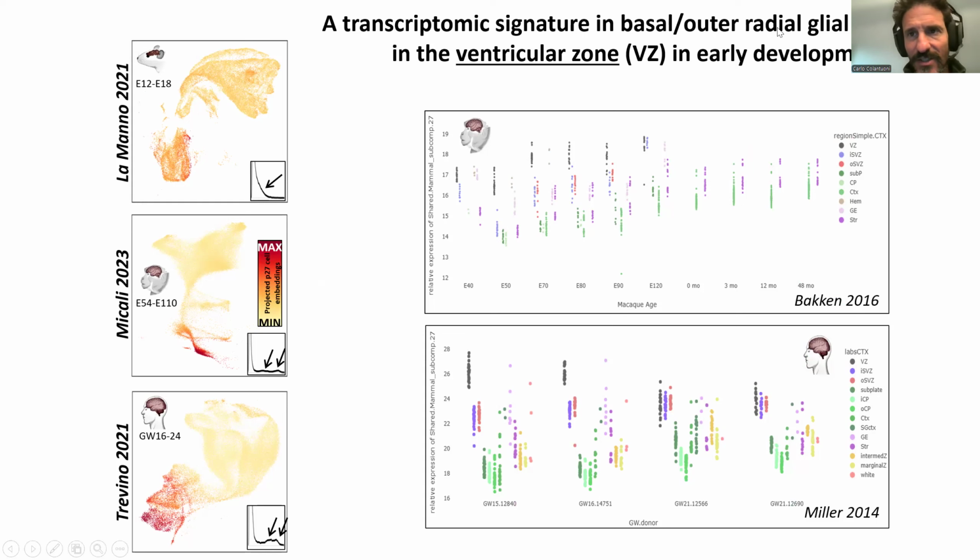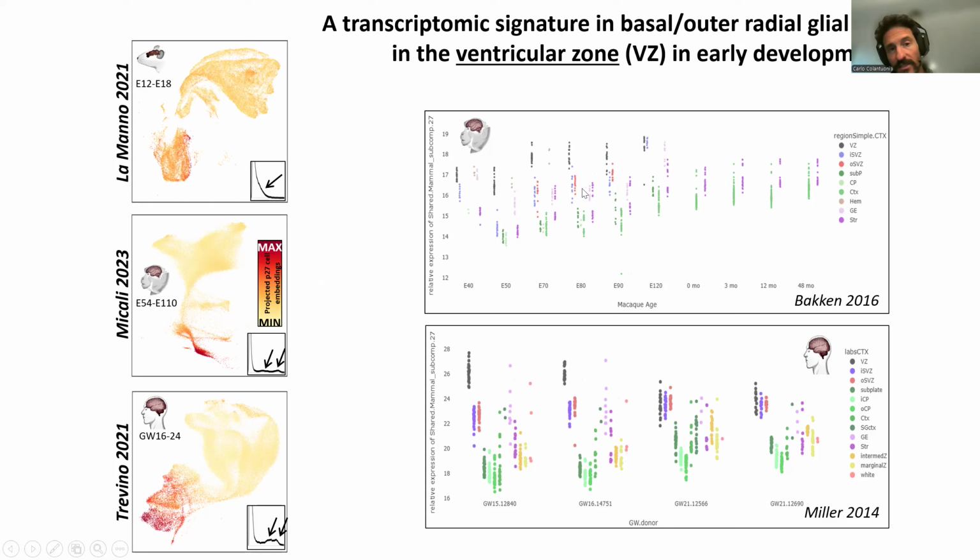So when we look at this outer radial glial signature, why the heck would it be the highest in the ventricular zone? And it's not only high in the ventricular zone, but specifically early in development, it's high. And by later times, the ventricular zone in black actually ends up right where the inner and outer subventricular zone are, both here in the human and up here in the monkey, where the black is the highest, but by these later times, they kind of converge so that they're the same.